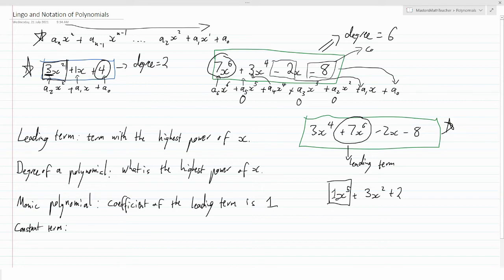So this is our constant. If we're looking at the general formula for a polynomial, it's the a0 term. It's the term with no x. The term with no variable. And I'm writing variable over x because we don't have to use the letter x. It can be a different letter.